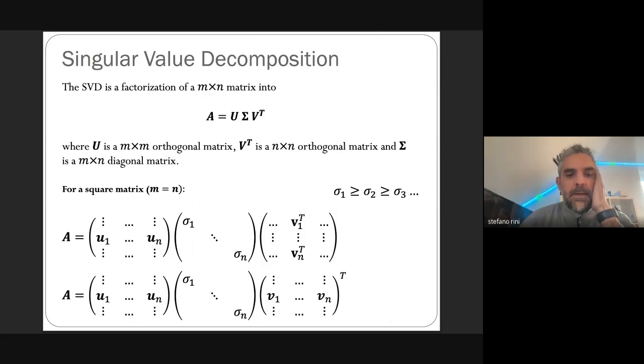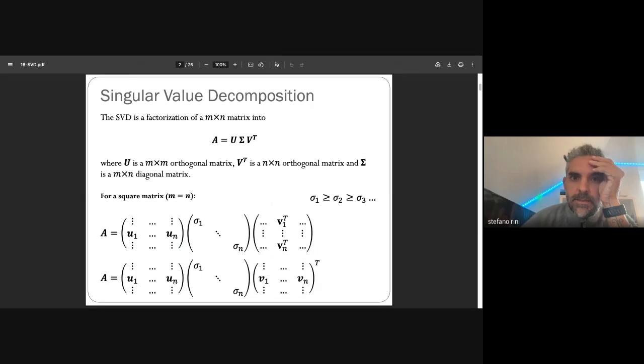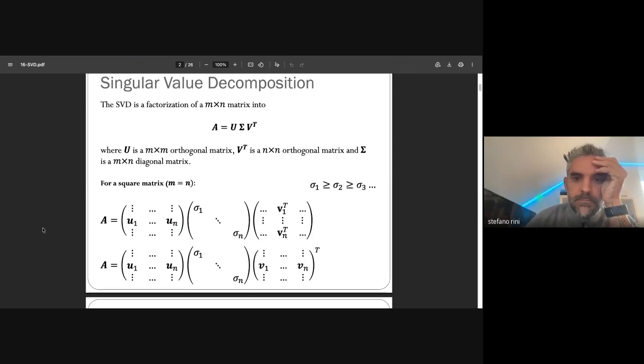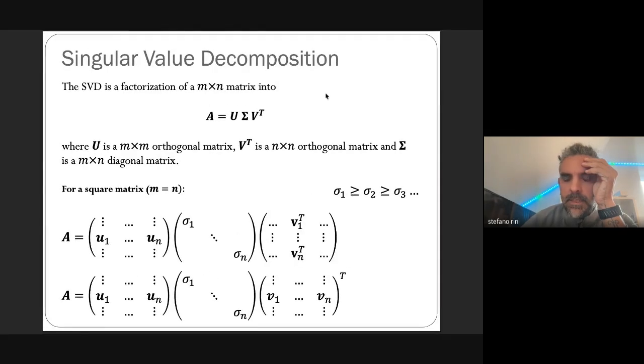So the decomposition need not be a square decomposition. We have that A is equal to U, sigma matrix, and then V transpose, okay? So remember the dimension, this is m times n. Sorry guys, I'm not in presentation mode. Okay, good. So we have this m times n matrix, right?